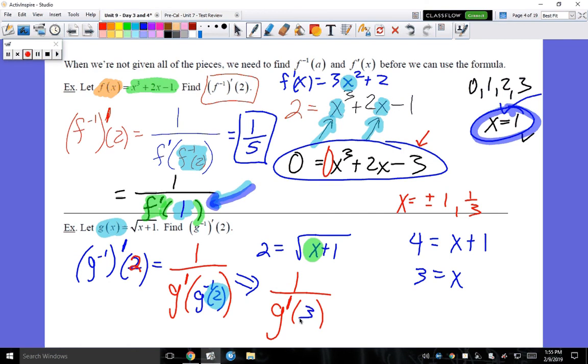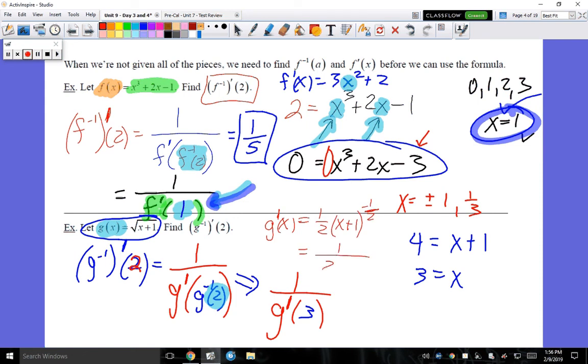Now let's differentiate the original, so g prime of x is 1/2 of the stuff to the negative 1/2 times the derivative of the inside, which is just 1.